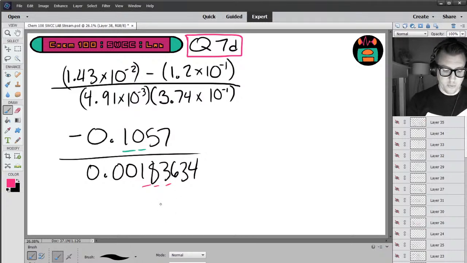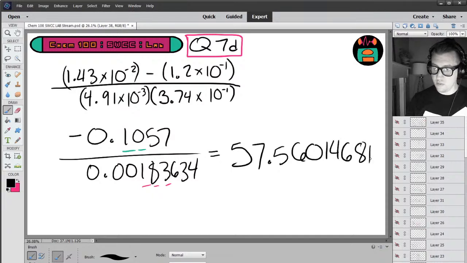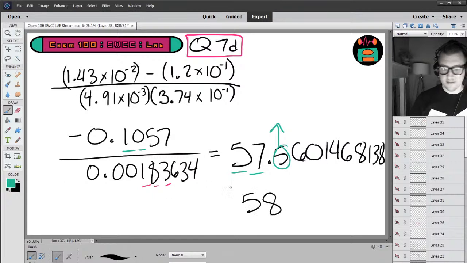Divided by 0.00183634 is equal to 57.5601468. We're limited to 2 sig figs because of our numerator, and 5 rounds up. So our final answer would be 58.